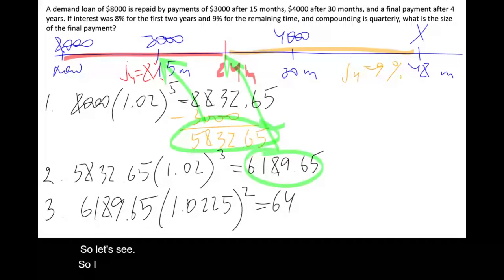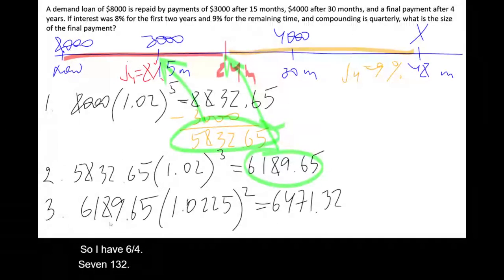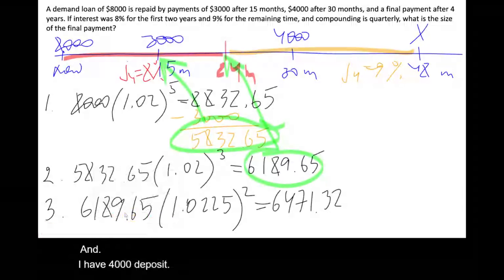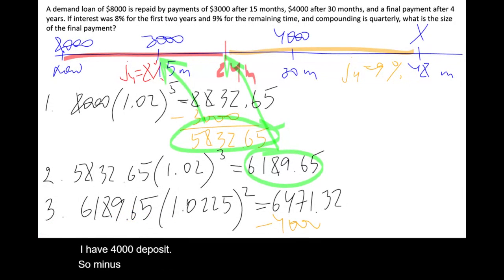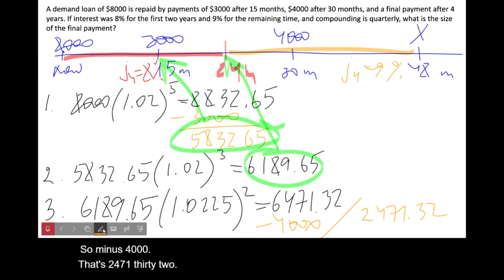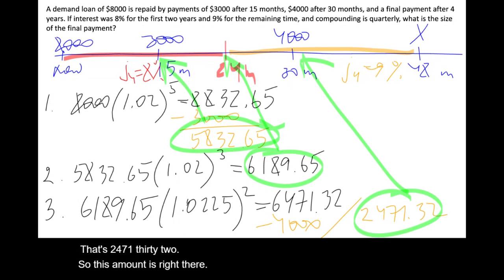So I have 6,471.32, and I have 4,000 deposit. So minus 4,000, that's 2,471.32. So this amount is right there. Okay. Let me know when I can flip a page to continue.